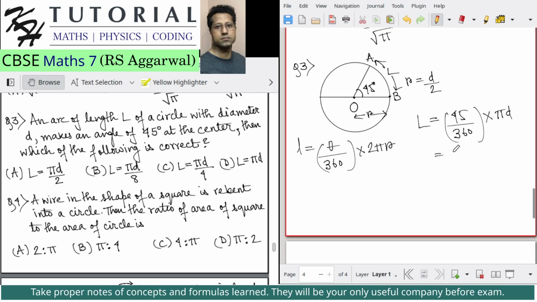So this is equal to 45 divided by 360, which is 1 by 8, multiplied by pi d. So we have capital L is equal to pi d by 8. So the correct choice is B. B is the correct choice.